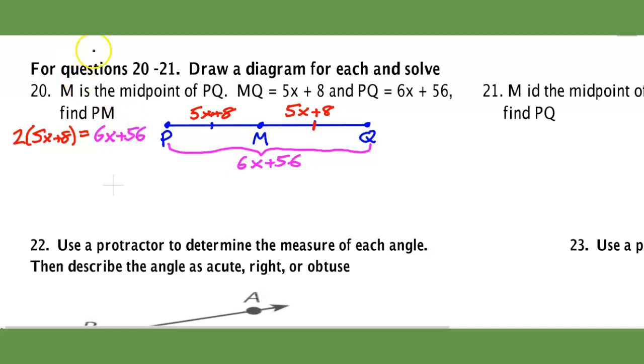Just an algebra problem at this point. I can do this several ways, but I'm going to go ahead and distribute. Get 10x plus 16. Now we can do some solving. Subtract 6x and subtract 16.